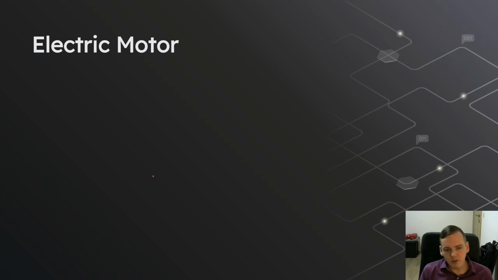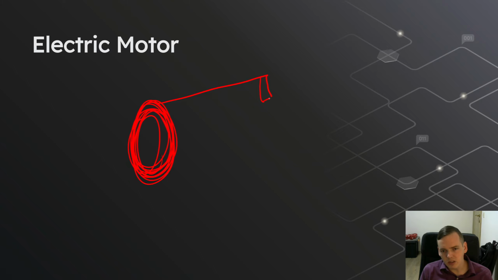What an electric motor is, is basically a coil of wires, which we're quite familiar with by now. That coil of wire will come out and attach to something that we call brushes.